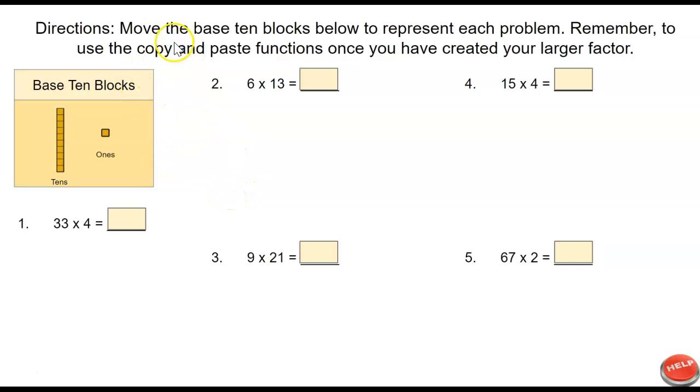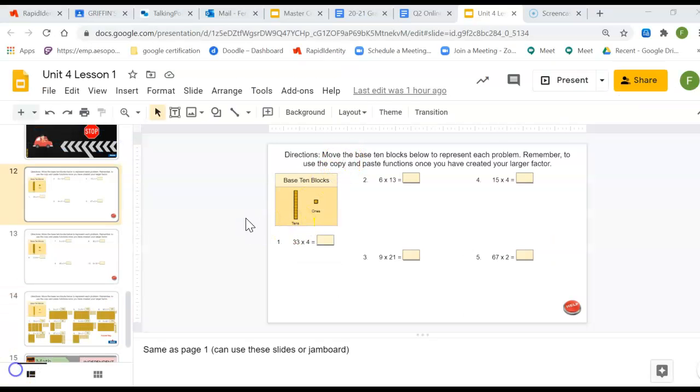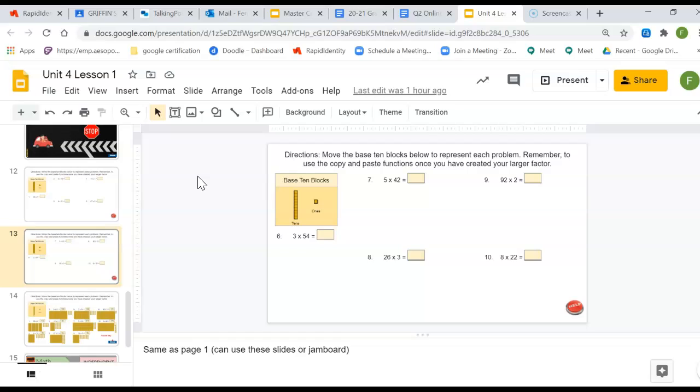So right here, the directions: move the base 10 blocks to represent each problem. Remember to use the copy and paste functions once you have created your larger factor. Okay, so again, the next 2 slides are actually going to be problems from page number 1 in our binder. You can actually do them on the slides right here. And if you need help on how, you just drop in and copy the 10s and the 1s right here.